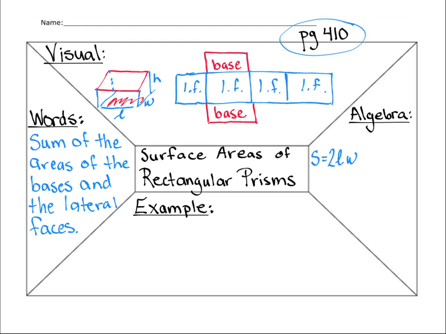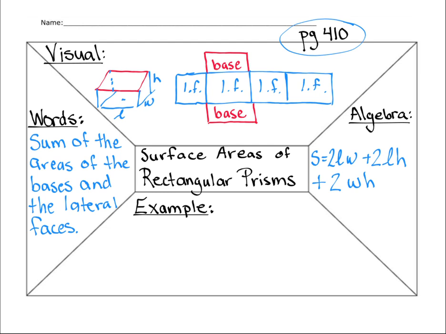That's why we have 2 of them. Plus 2 length times height, which would be the front of this shape and the back of this shape. Plus 2 width times height, which would be the side and the other side. That's the algebra, so that's going to be helpful for you when it comes to your upcoming test.